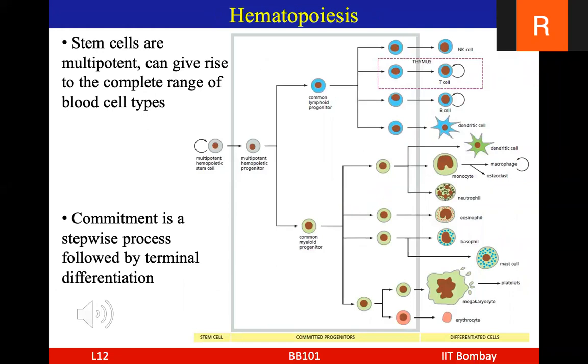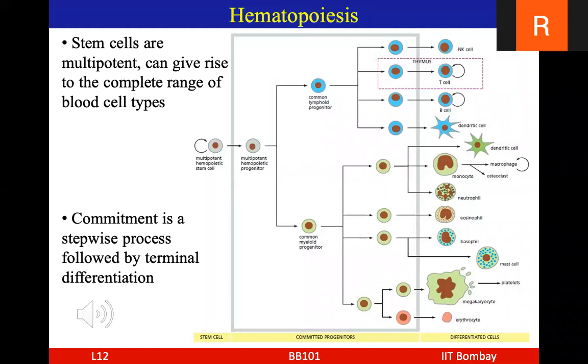As I said, take blood, for example, hematopoiesis. Hematopoiesis means the manufacturing of the different types of blood cells, and the stem cells are multipotent. Here they can give rise to the complete range of blood cell types, but beyond blood cells, they cannot make others. So commitment is a stepwise process.